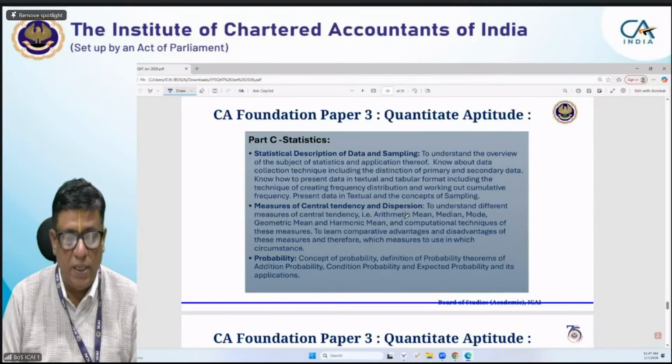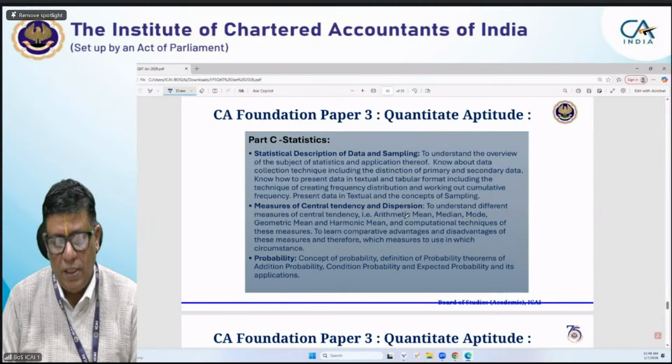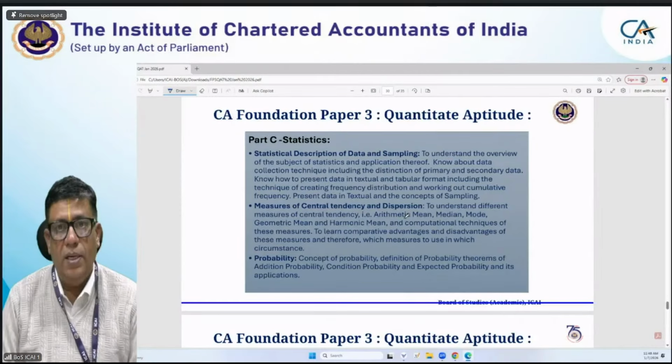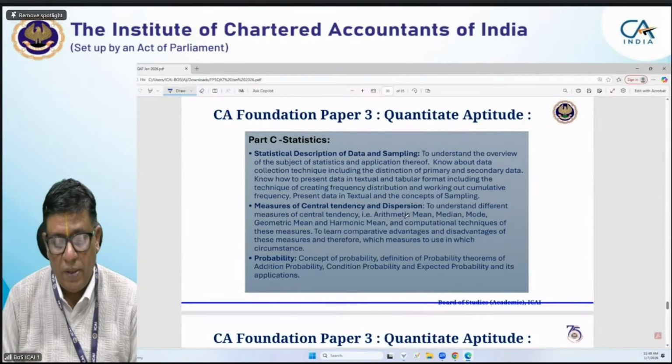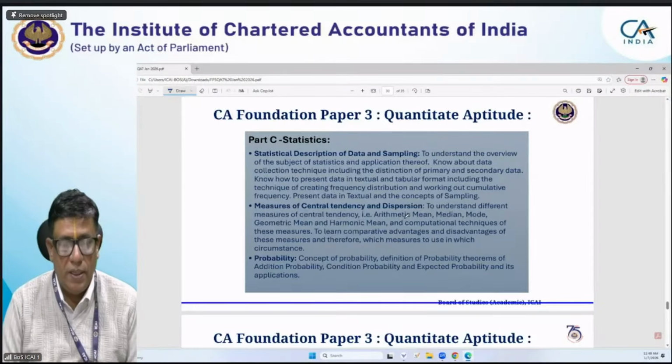Range, quartile deviation, mean deviation, and standard deviation are the absolute measures of dispersion. The relative measures of dispersion are the coefficient of range, coefficient of quartile deviation, coefficient of mean deviation, and the coefficient of variation (CV).